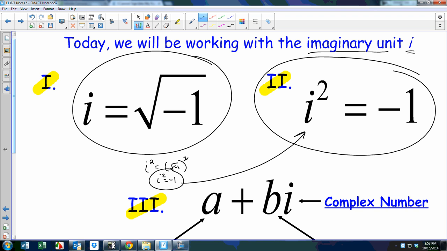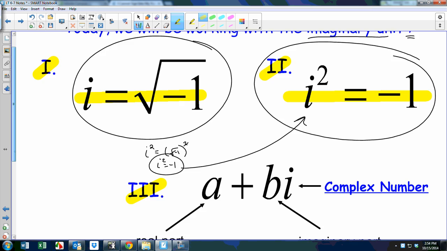The second fact is really a derivative of the original, i equals the square root of negative 1. We will use i equals the square root of negative 1 exclusively for reducing radicals, for reducing square roots. We'll use i squared equals negative 1 any other time. So if it's not a square root, we'll be using the second fact.